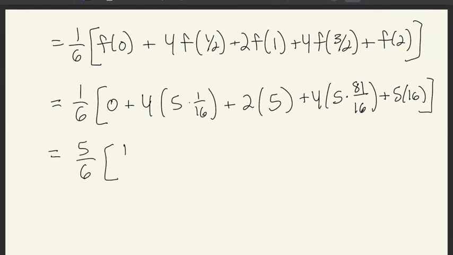Each of these has a 5, so let's factor out a 5. We get 5/6 times 4 over 16 is 1/4, plus 2, plus 81 over 4, plus 16.